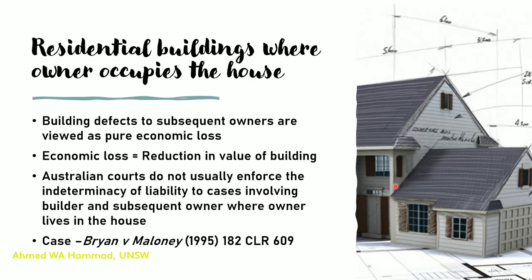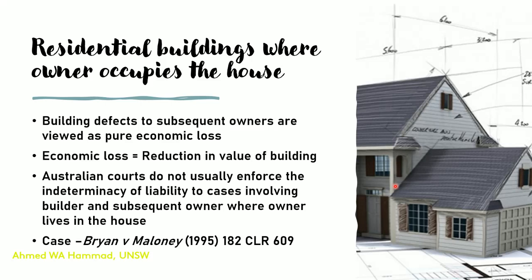The law itself has made a distinction between residential buildings, where the owner occupies the house, versus commercial buildings. We are going to look at residential buildings first and see what the rule is when it comes to residential buildings and their owners.